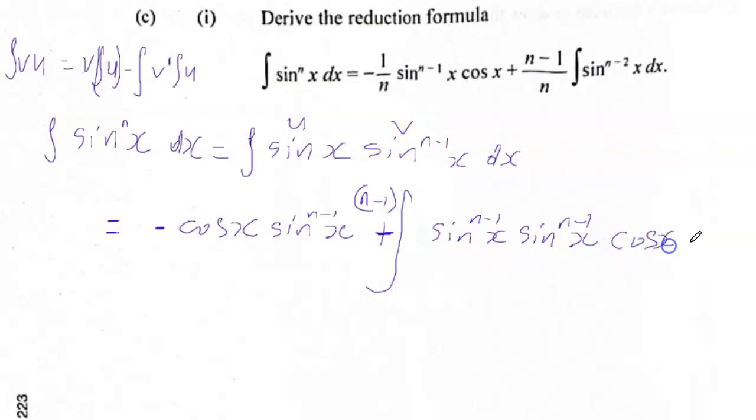So that's the chain rule applied there: n minus 1, sine x to the power n minus 2, differentiate sine, we get cos.